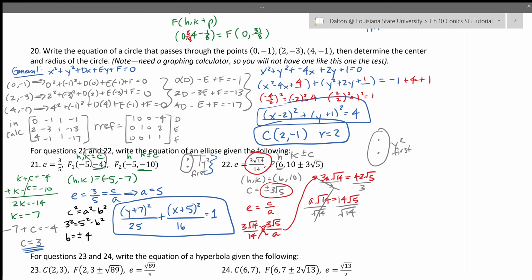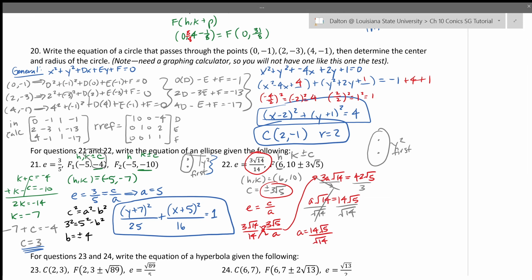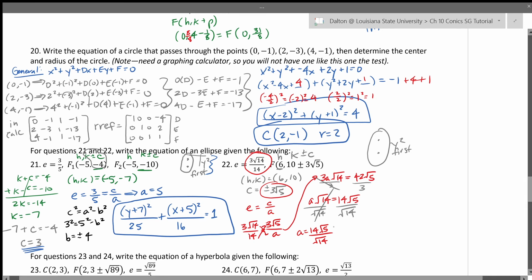And then I get a is equal to 14 square roots of 5 over the square root of 14, which I totally cannot leave like that. I need to go ahead and rationalize this. So if I'm going to rationalize this, I'm going to multiply this by the square root of 14 over the square root of 14. And in doing so, let me move back up here, keep running out of room.